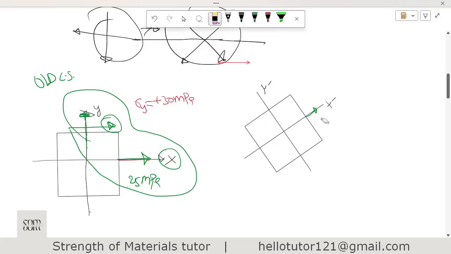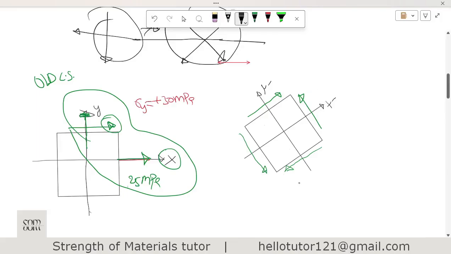But we were talking about the complementary ones, because we already know about the normal stresses. Now if we have a stress here towards the right, the complementary will be towards the left. This is upward, so the complementary will be downward. This is along this, so they are positive.